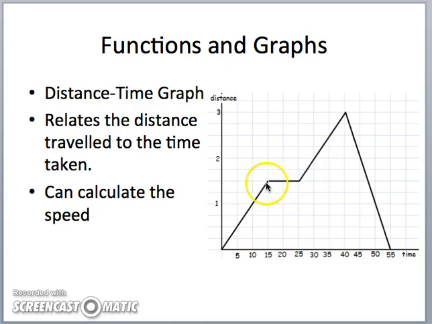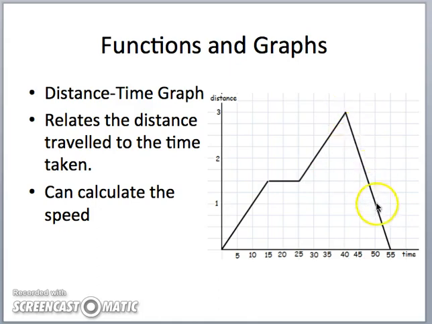What does this flat line mean? It means that they are not moving any distance away, so they must be standing still or stopped. And here you can see they've stopped for 10 minutes. Then they've continued their journey, and between 25 minutes and 40 minutes they got to 3 kilometers away.